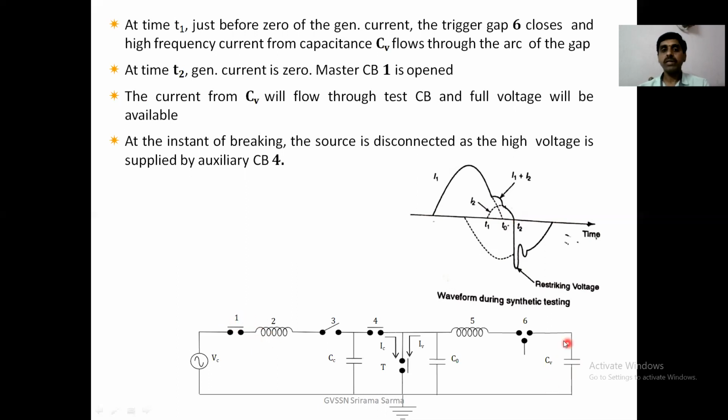The current from CV will flow through the test circuit breaker and full voltage will be available. So at first, short circuit current flows. Next, this voltage is applied. At the instant of breaking, the source is disconnected as high voltage is supplied by auxiliary circuit breaker CB4. So this is the way the test will be conducted.